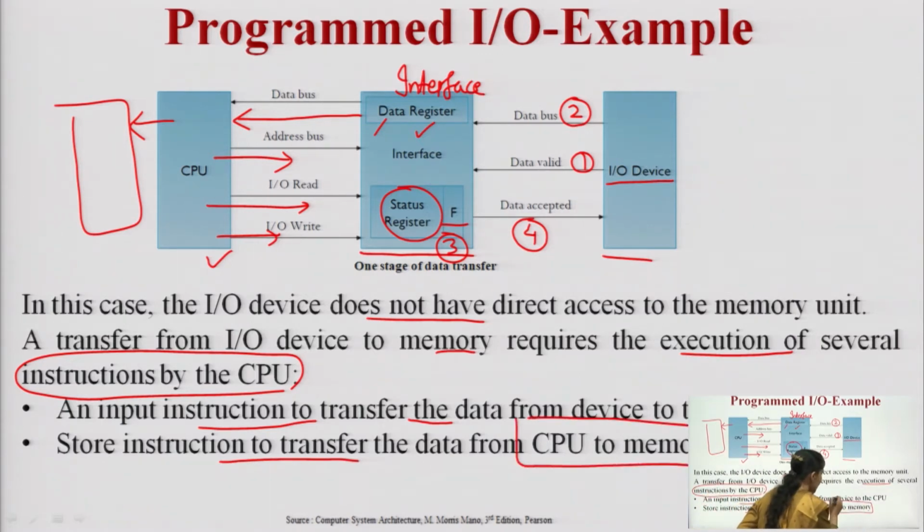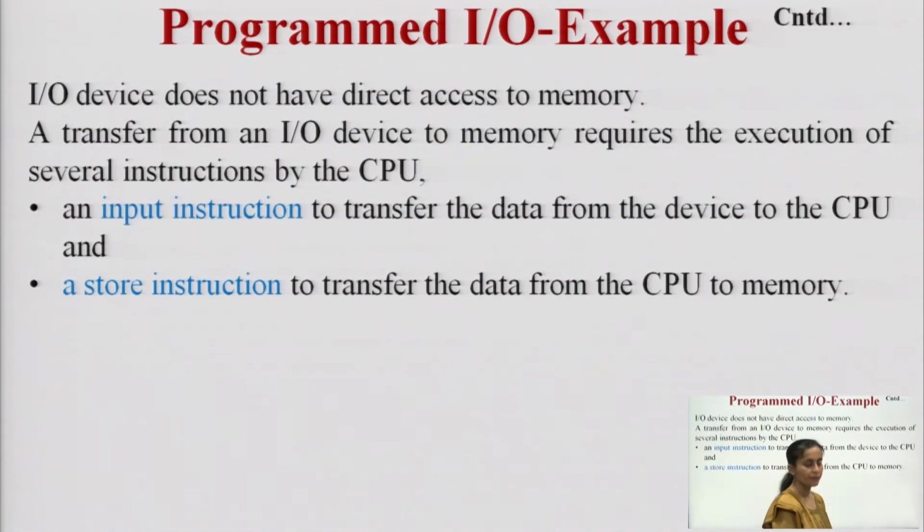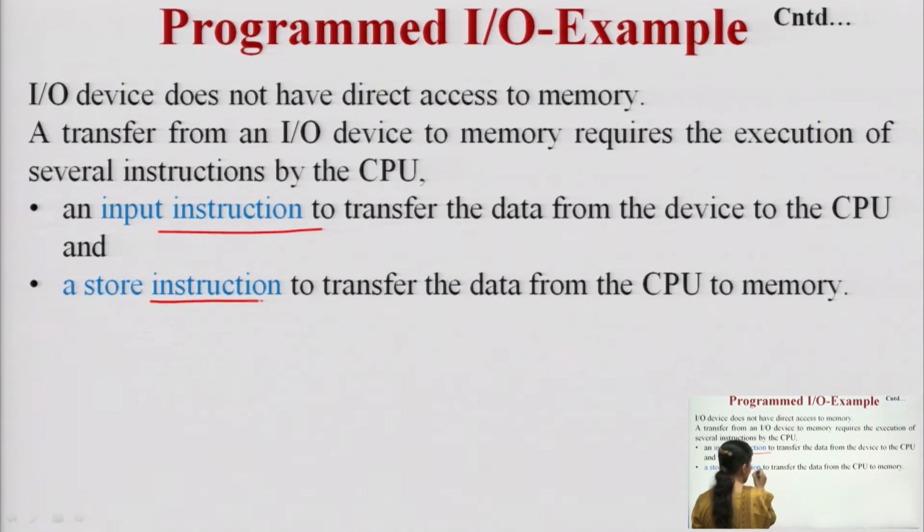These two types of communication are taking place: one is our input instruction and the second one is our store instruction. As I told earlier, this is my input instruction to transfer the data from the device to the CPU, and this is my store instruction to transfer the data from the CPU to memory.